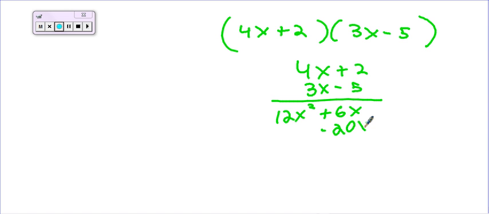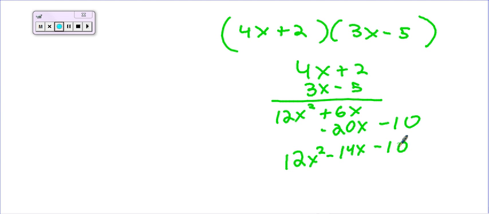So plus 6x. 4x times negative 5? Negative 20x. And then 2 times negative 5 is negative 10. So that's 12x squared, positive 6 and negative 20 is negative 14x, minus 10. Done. An easy one for people.